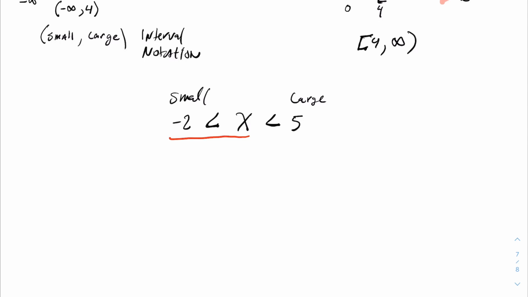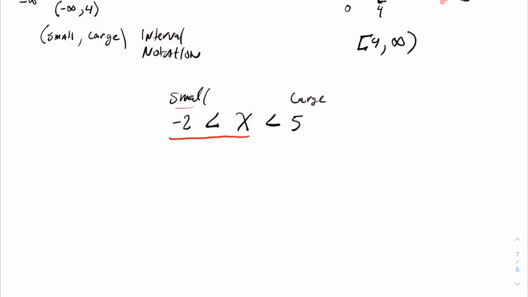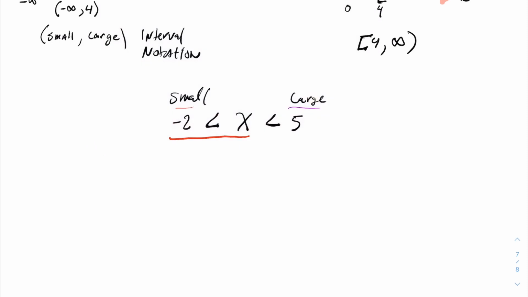Once you see this notation, you basically know that -2 is the small side, the smallest endpoint, and 5 is the larger endpoint or side. But let me explain the notation in a little more detail this time. Whenever we do this, we like to write down the critical or most important points. 0 is a nice reference point, but -2 is certainly an important point, and so is 5.